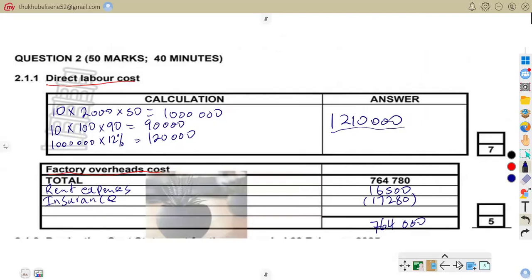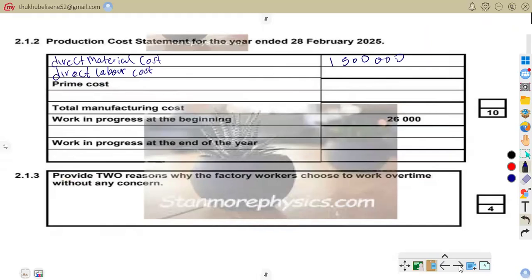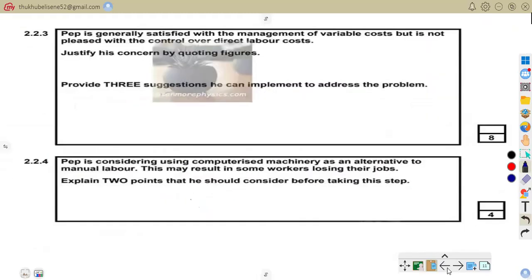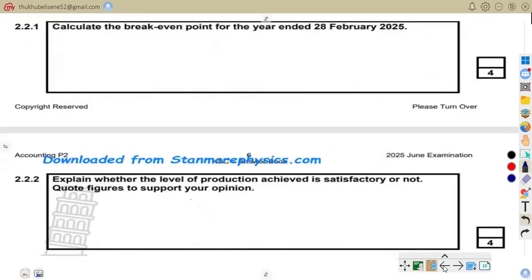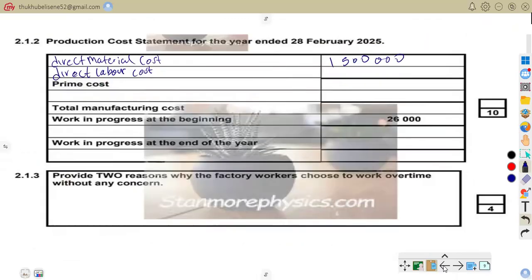So we write it there in our production statement.